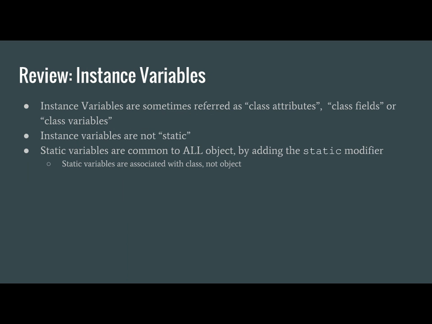All right, so what are instance variables? Instance variables are sometimes referred to in other programming languages as class attributes, class fields, and class variables. They are bound to an instance of that class instead of the class. What do I mean by that?